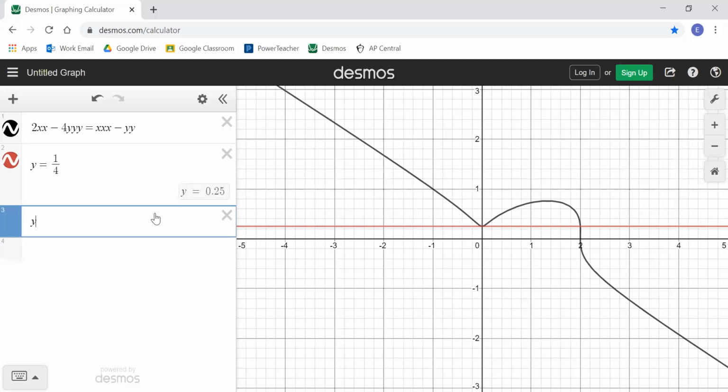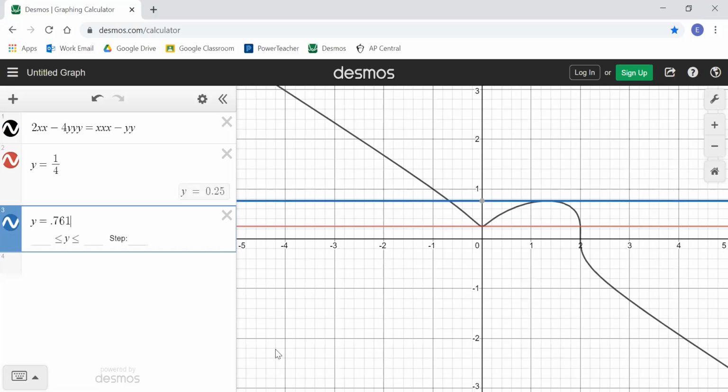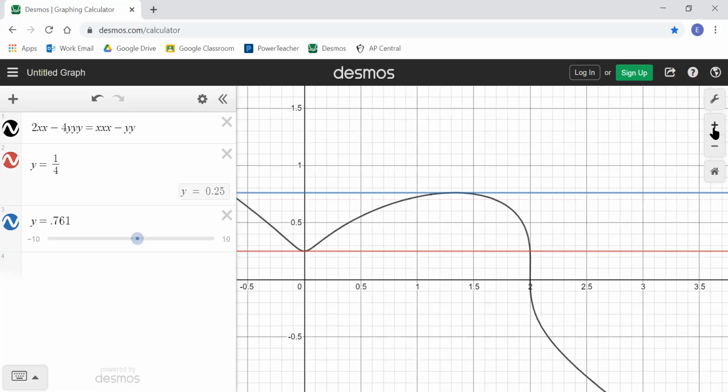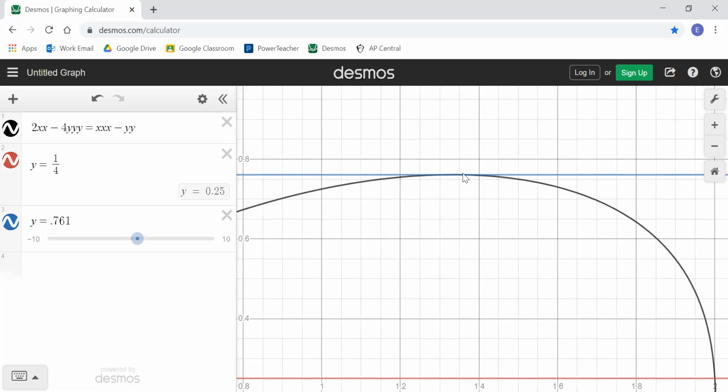And the other one was y equals 0.761, is that what you said? And that was an approximation, but if we zoom in right there, there it is being tangent right there.